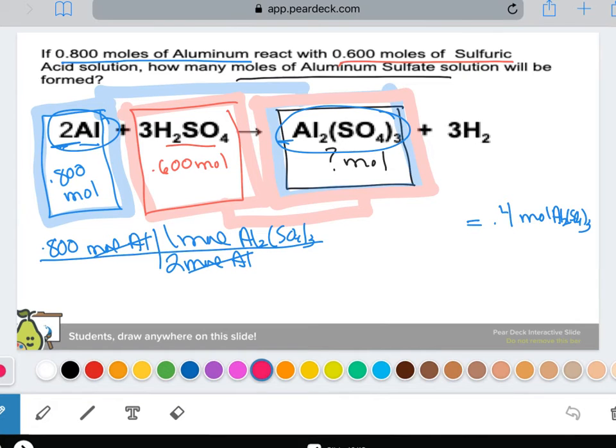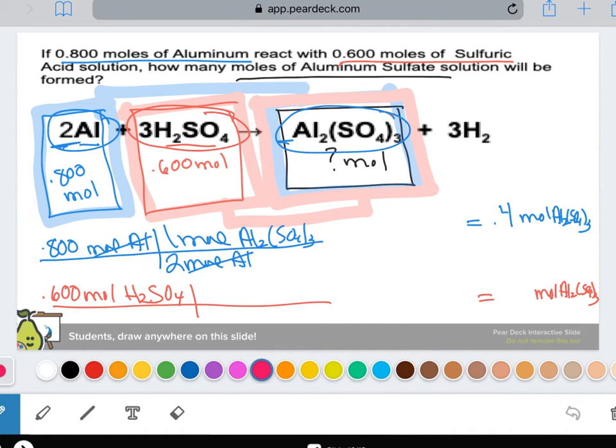So now I'm going to do my red problem. I'm still trying to find out moles of aluminum sulfate, but I'm going to try to figure out now how much I can make with my other reactant, which is sulfuric acid. So I have 0.600 moles of sulfuric acid. And now I'm looking at the ratio of the sulfuric acid to the aluminum sulfate.